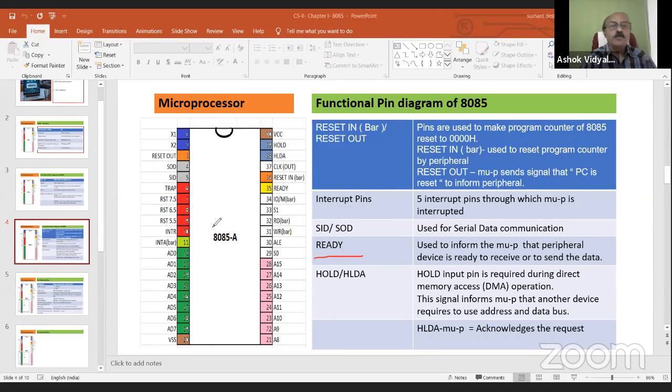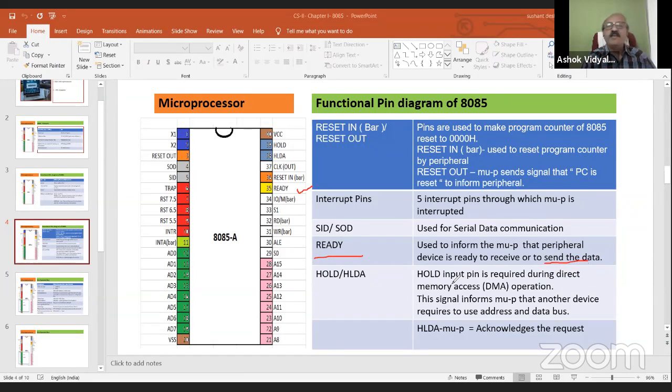Ready. You must have seen pin 35 as the ready pin. These are the different pins on which specific signals will be executed, and each has some meaning and meaningful output depending on the signal of a particular pin. Now, what is the use of ready? It is used to inform the microprocessor that a peripheral device is ready to receive or to send data.